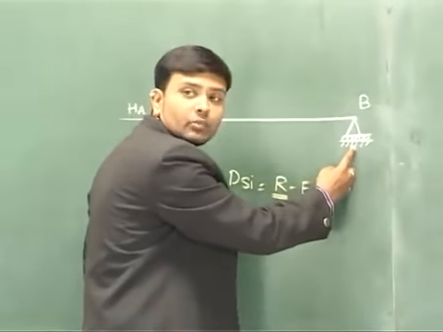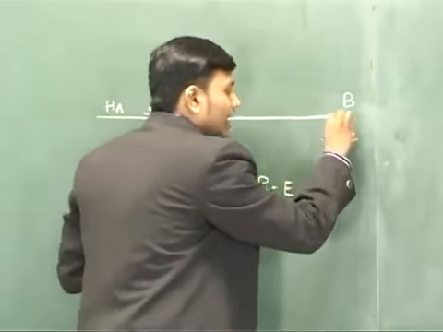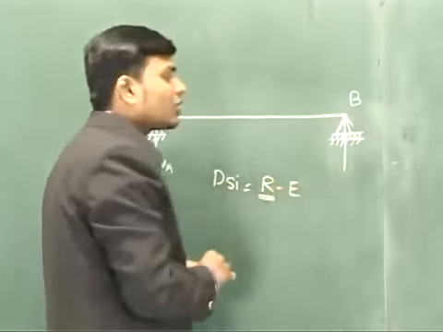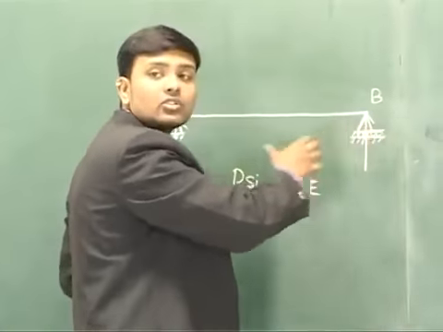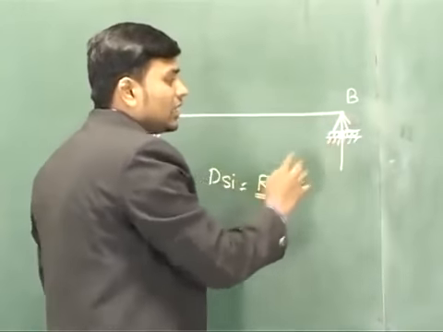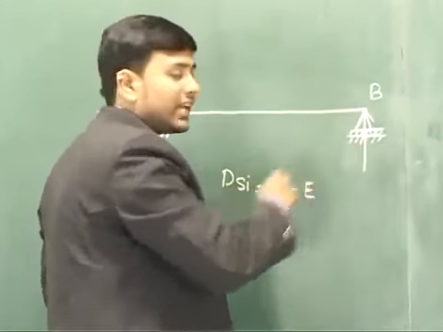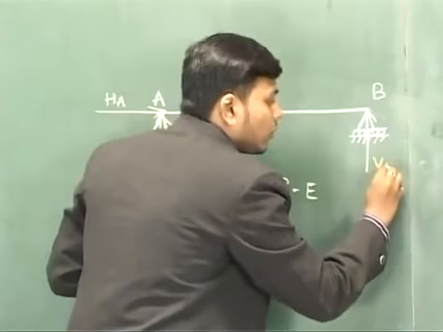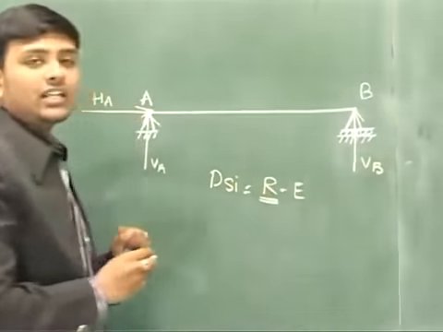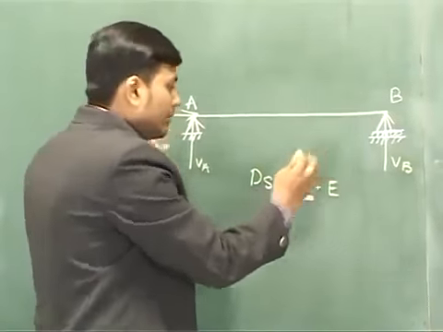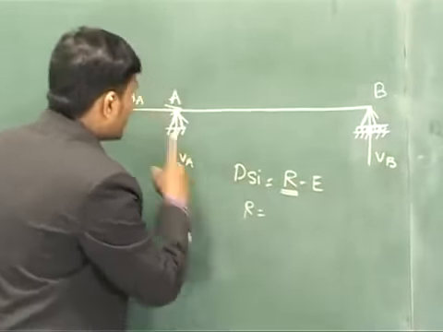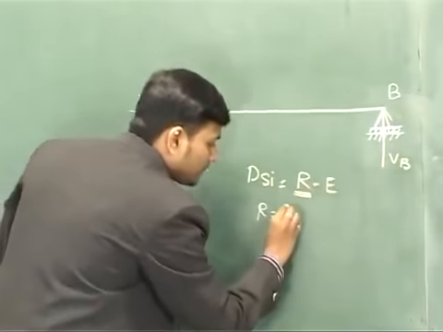Whereas the roller support, it is having only one constraint, it cannot move in vertical direction, it can move in horizontal direction since it is having a roller. Therefore it is having a constraint in Y direction, so it will give you one reaction in vertical direction. Therefore number of reaction for this particular beam AB will be R is equal to 1, 2 and 3.